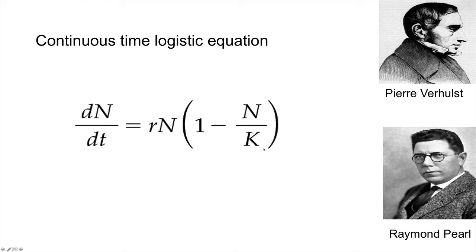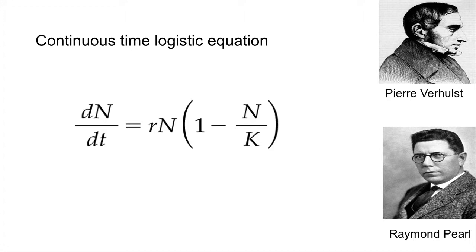Now, this particular equation is very well known. It was first described by Pierre Verhulst, who called it logistique after the art of calculation, but really popularized by population biologists such as Raymond Pearl, who came to see it almost as a universal law of population growth.